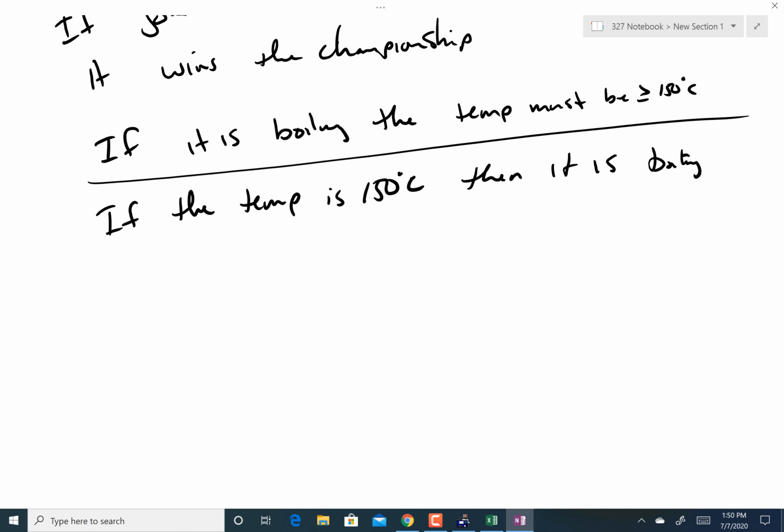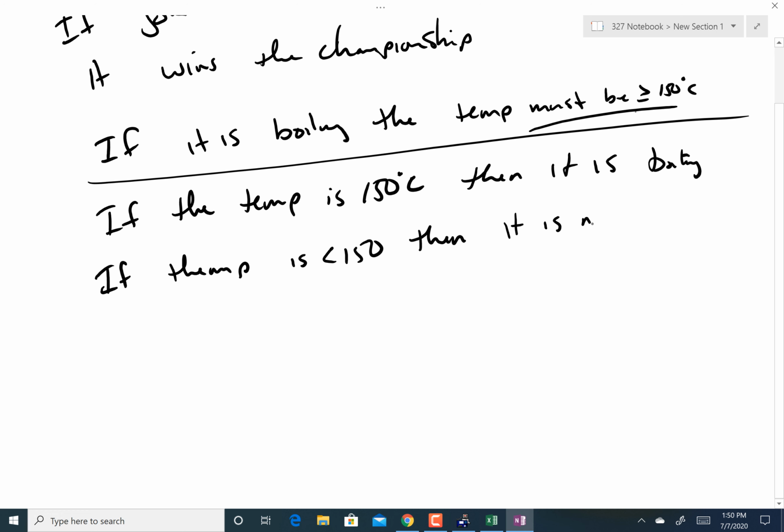If the temperature of compound X is less than 150, then the compound is not boiling. If the temp is less than 150, which is the negation of this, then it is not boiling. Well, think about that. This is the negation of this. That's the contrapositive.